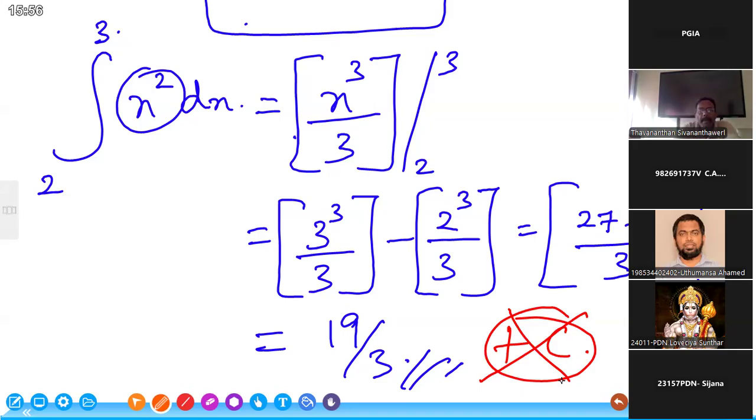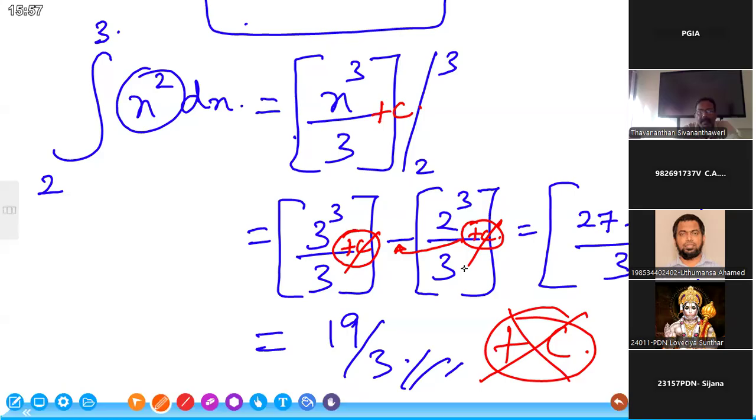Anyone? It can be cancelled, sir, because one time added and other time subtracted. Exactly. So here, if you say plus C, here plus C, right? What will happen? This is a plus C. Because of this minus, it becomes minus C. So C will cancel out.